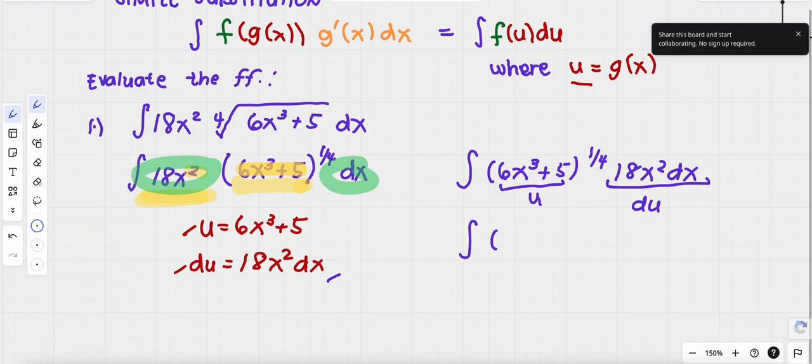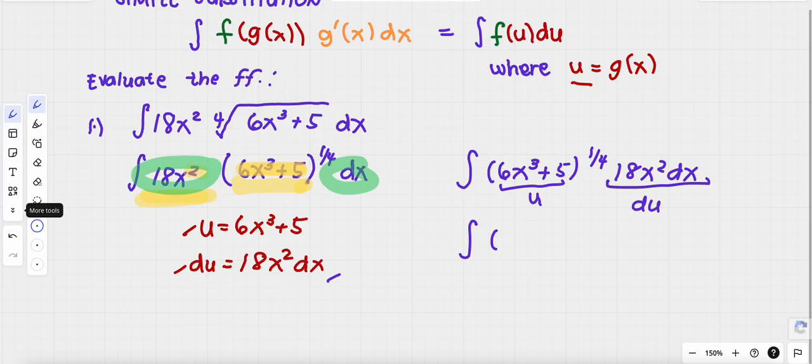Okay, so let me rewrite this one. So let's have green. So this will be u, and then we have green again, to the 1/4, then red, du.